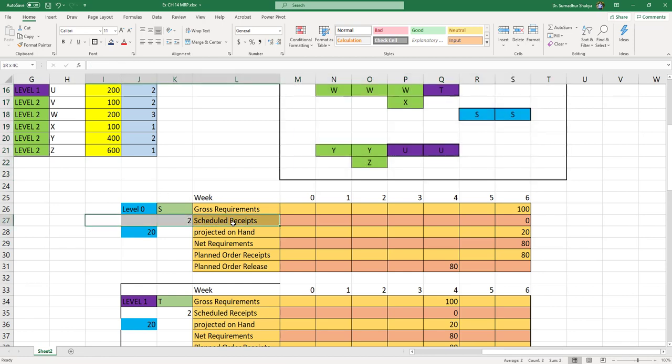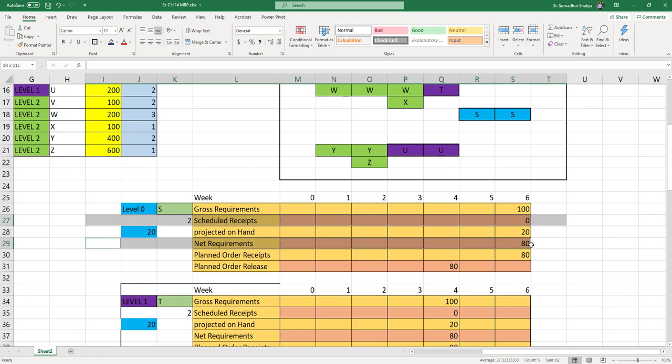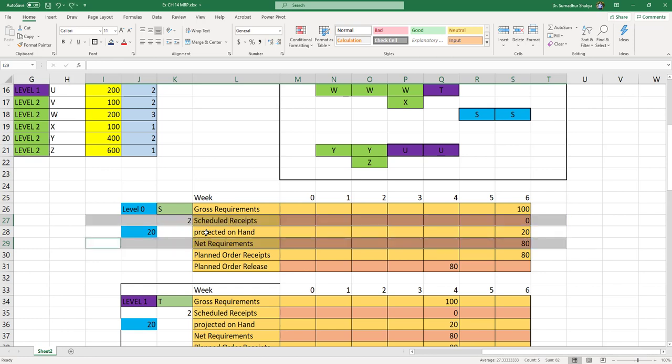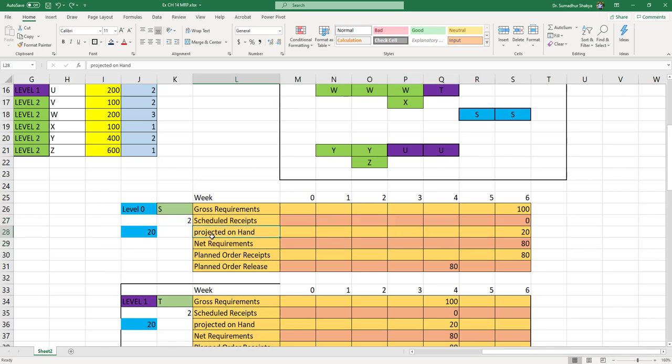If we are talking only about gross requirement planning, then we will only have this much information available to us, and it would be a lot easier. Since we have net requirement planning as the task on hand, we're also taking into account the scheduled receipts and projected on hand. Now in certain scenarios, depending on the company, you might also have outsourced components, or components expected to be made by your competitor that you may be able to get.